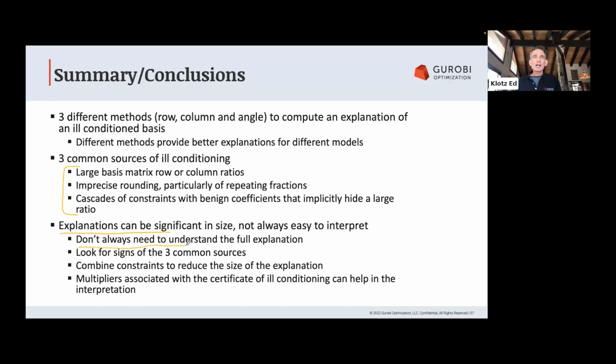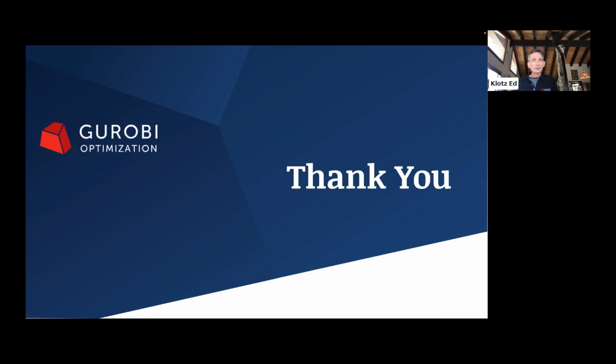You look for signs of the 3 common sources. And then the other trick we saw was you combine constraints that don't need to be looked at individually to reduce the size of the explanation. And you actually look at the multiplier values in the certificate of ill conditioning.